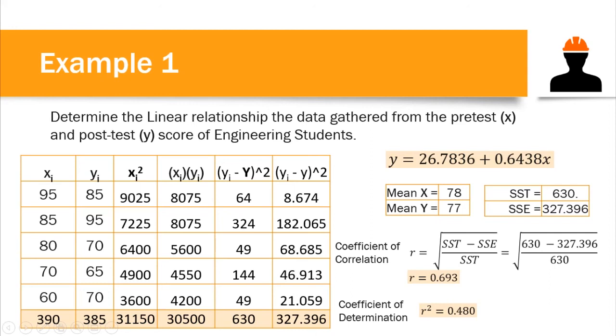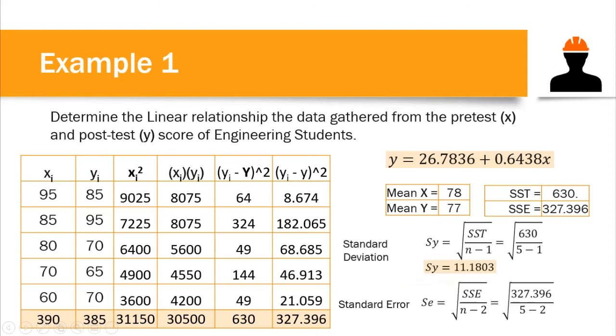So hindi ganun karami. Okay? And then we have the standard deviation. Now standard deviation, again, measures how far the data is dispersed from the mean, or how scattered the data is with respect to the mean. So the result is 11.1803 by just using this formula, square root of SST over n minus 1, where n is the number of samples.